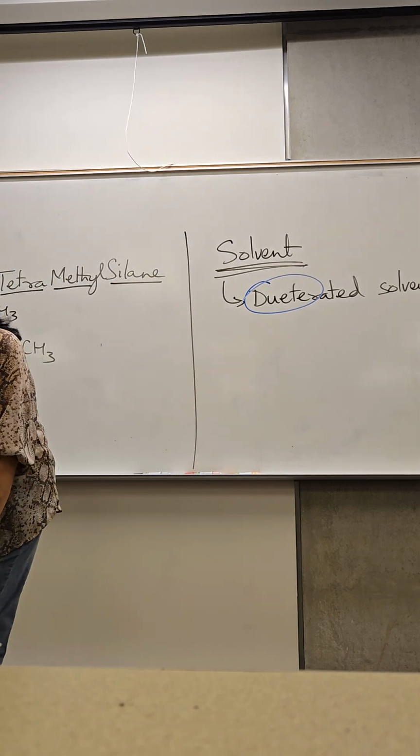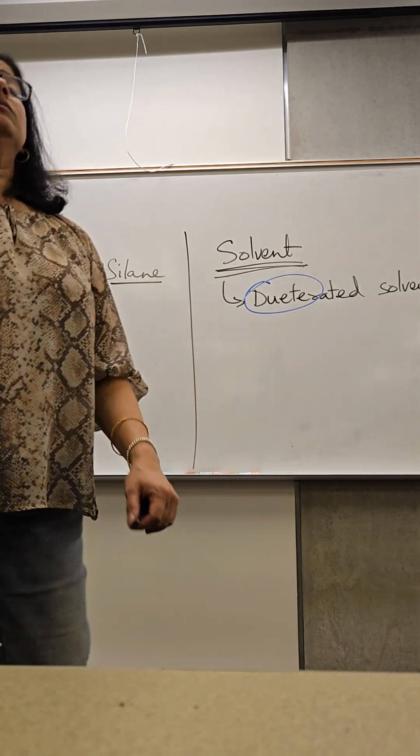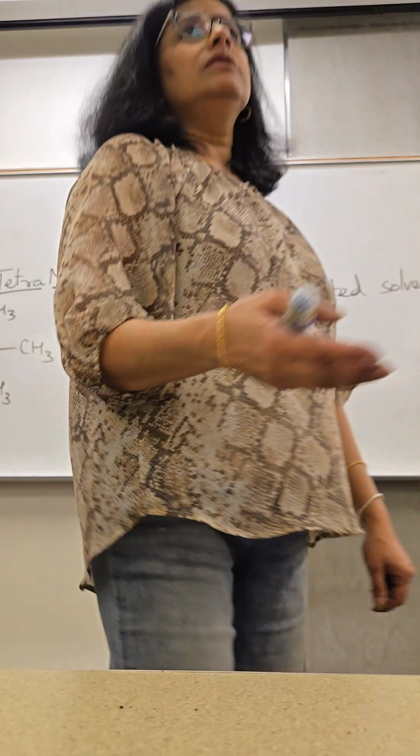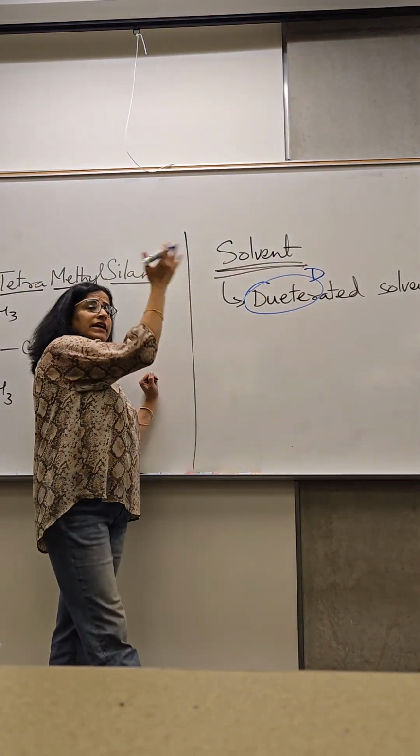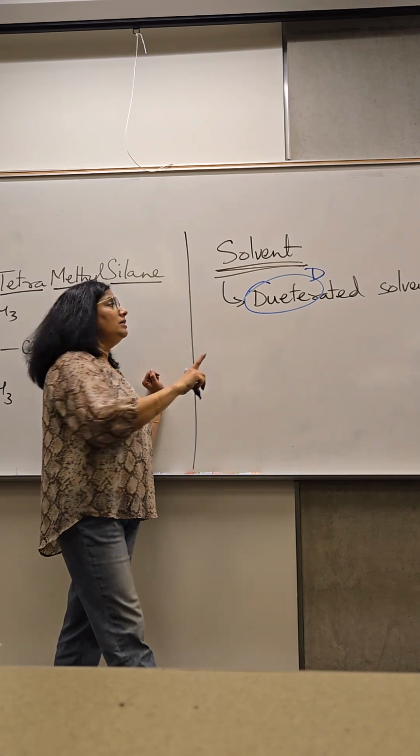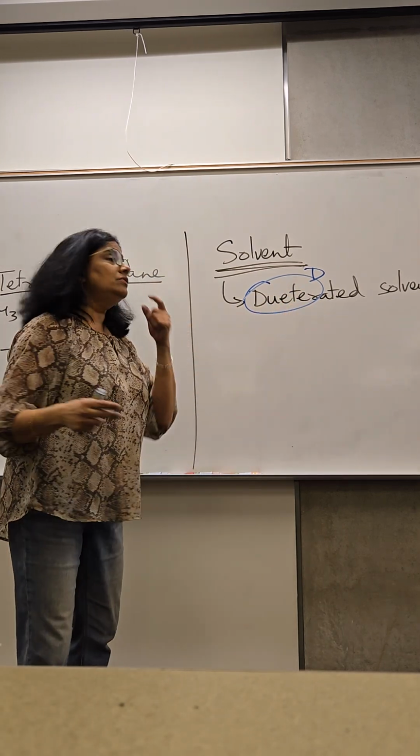What is deuterium? It's an isotope of hydrogen. We represent it as D. H is the proton, with mass number 1. D has mass number 2.